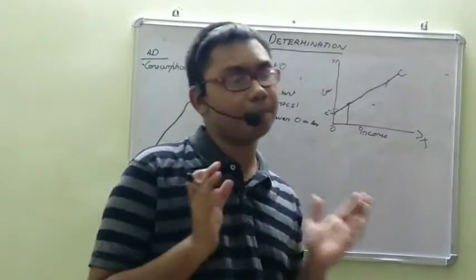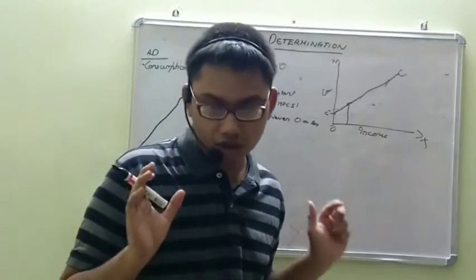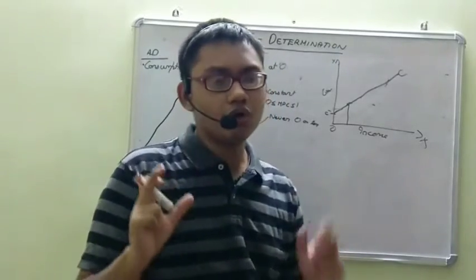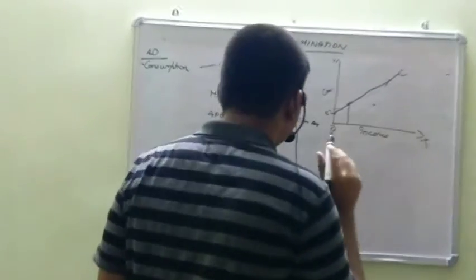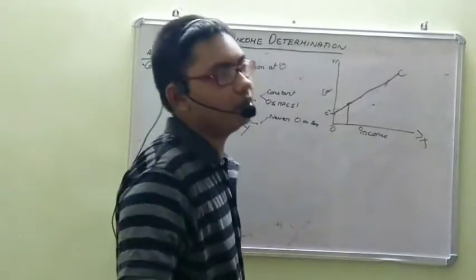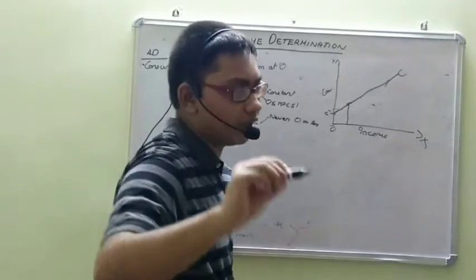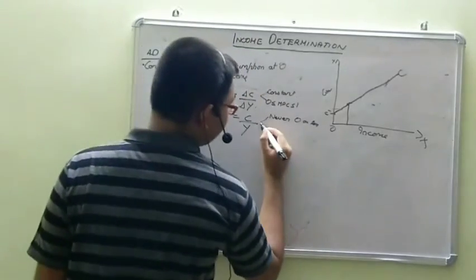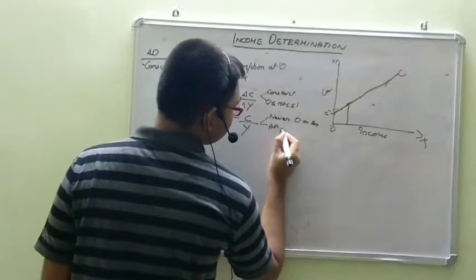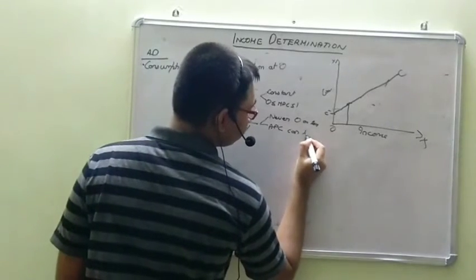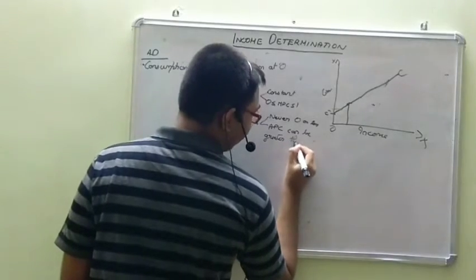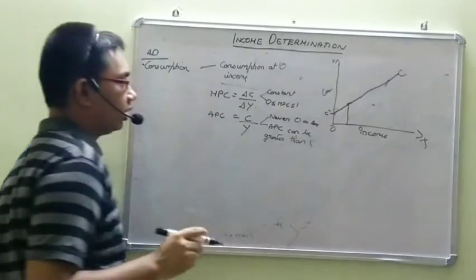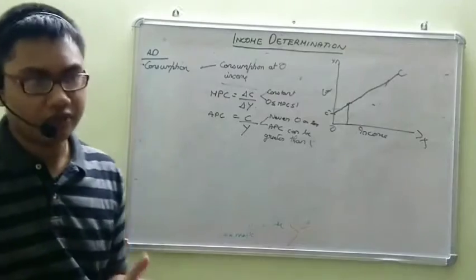Autonomous consumption plus additional consumption will give the total consumption, right? So when there is autonomous consumption even at 0 level of income, it is quite probable that up to some point APC can be greater than 1. Okay, these are the two properties of APC.